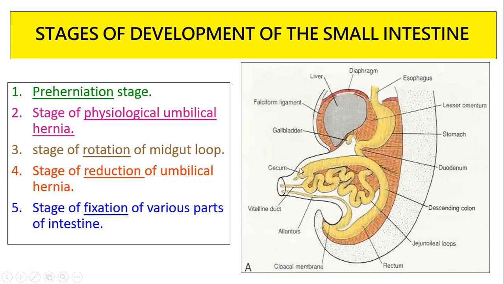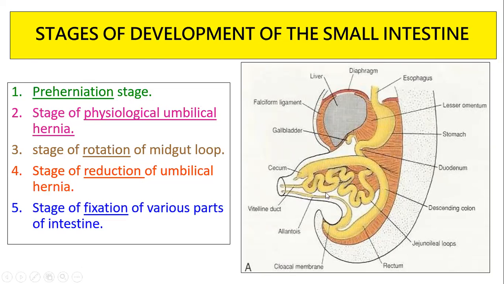Initially, before the protrusion, the initial stages when the intestinal contents try to protrude out of the abdomen, that is called the pre-herniation stage.